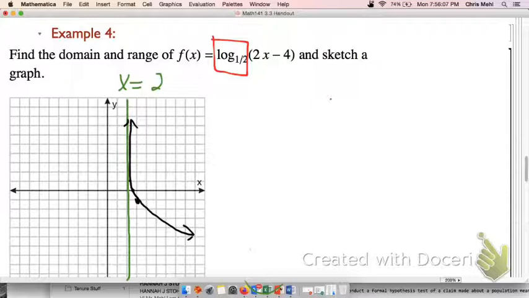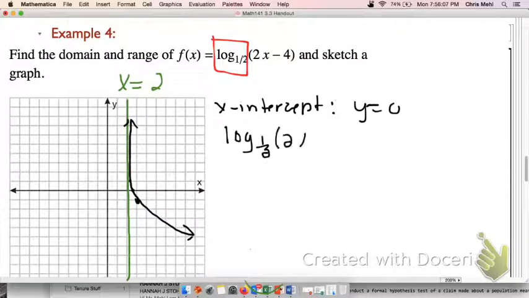So first of all, if I wanted to find the x-intercept, let me retype that. The x-intercept happens when y is equal to 0. So you would set the function log base 1/2 of 2x minus 4 equal to 0.